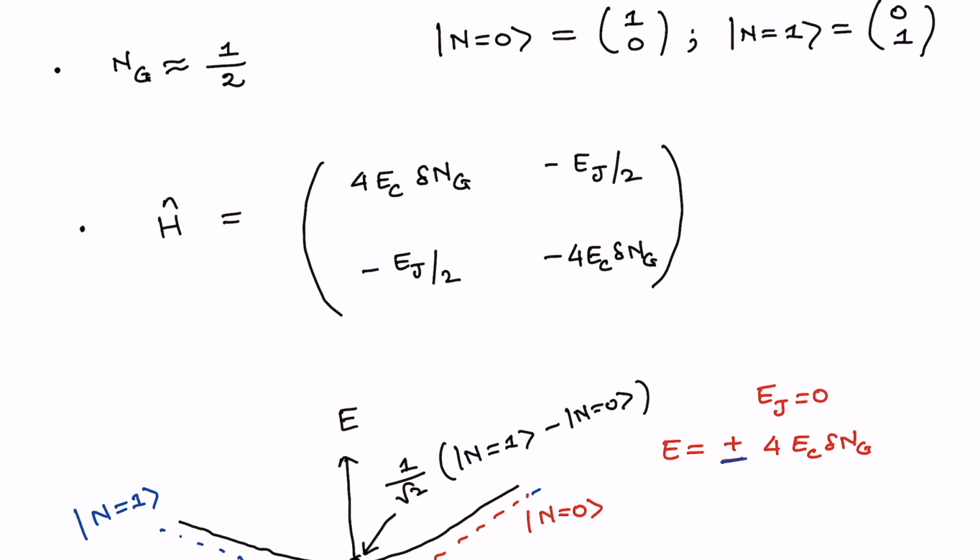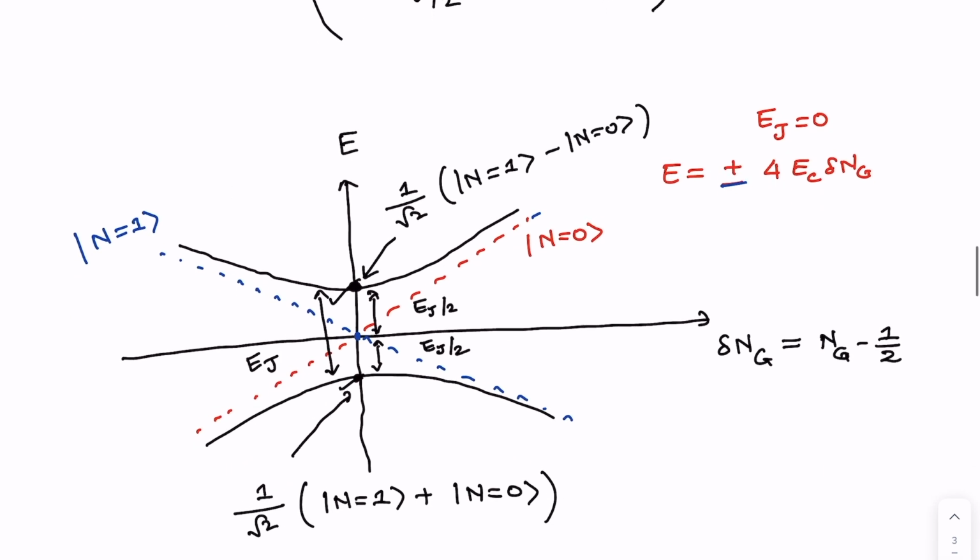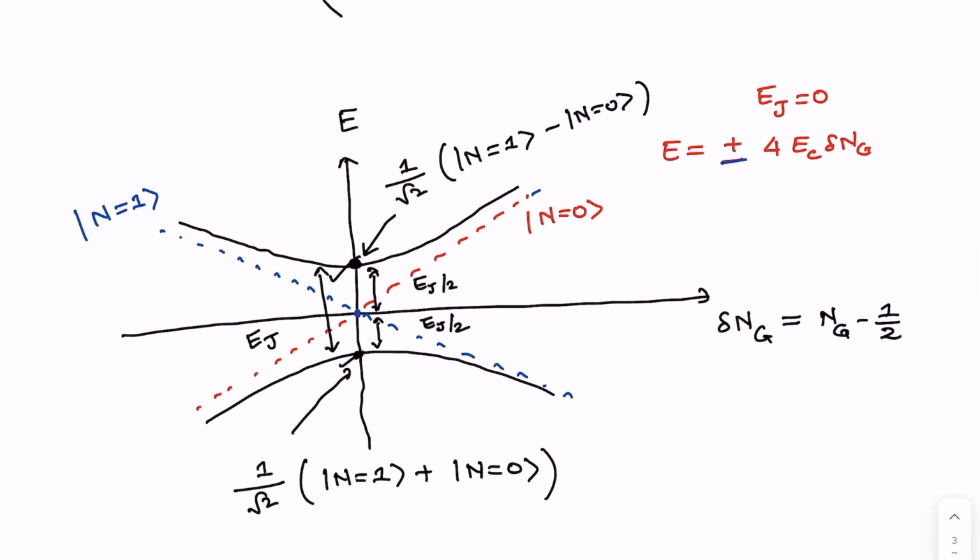This Hamiltonian was also analyzed in detail, and we get this typical plot. From this plot, as you can see, there are two energy levels, and these two energy levels are separated from each other by Ej. Ej, as I said, is the Josephson energy.